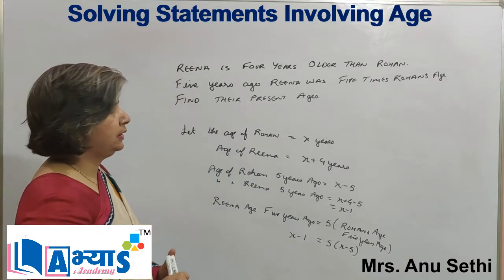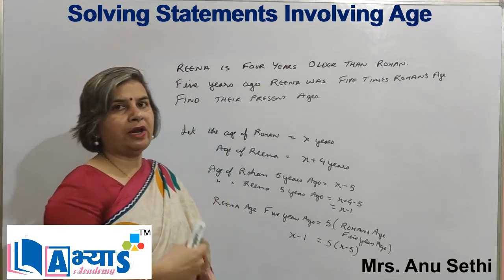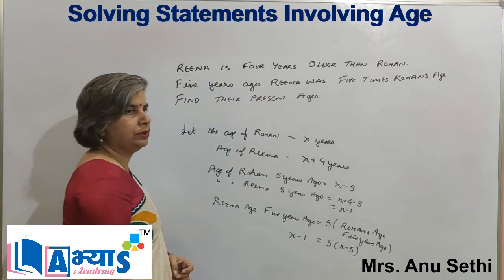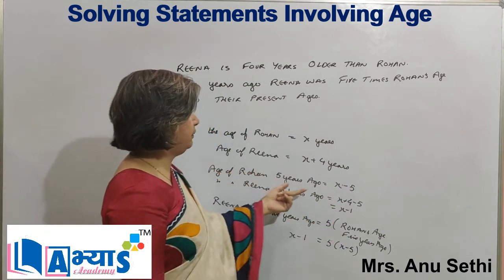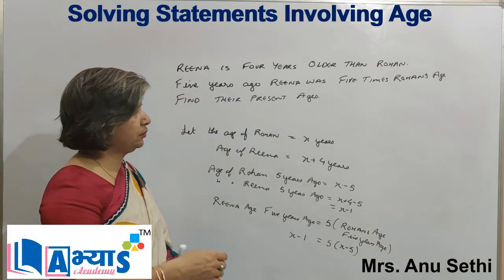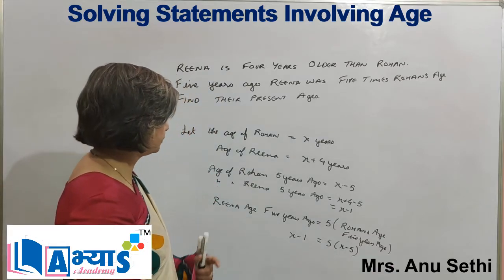That means there is a relation in which we are discussing the ages 5 years ago. So we will minus 5 in both the ages. So age of Rohan 5 years ago was x minus 5 and age of Reena 5 years ago was x plus 4 minus 5, or x minus 1.